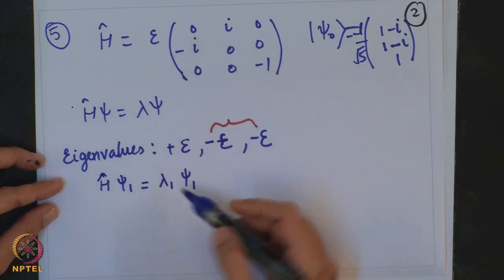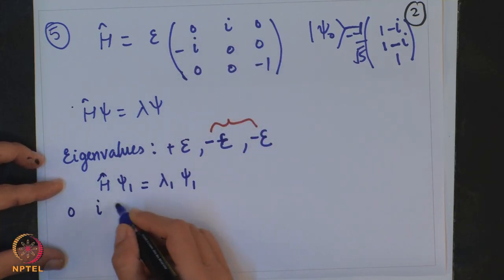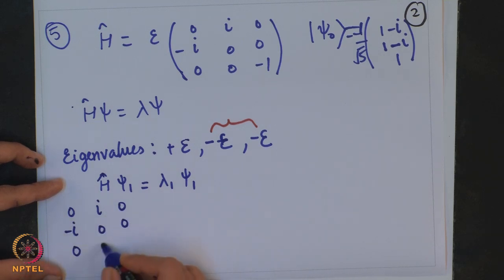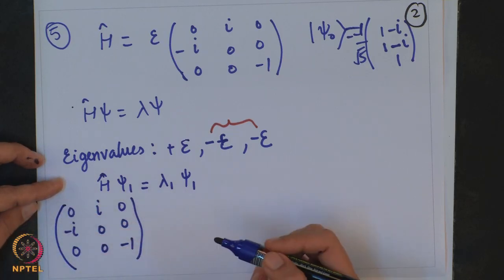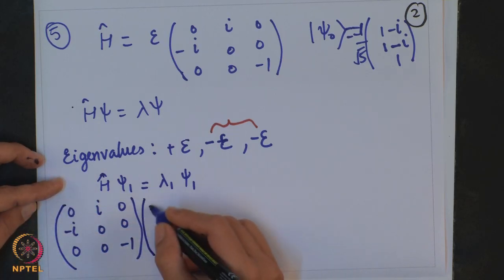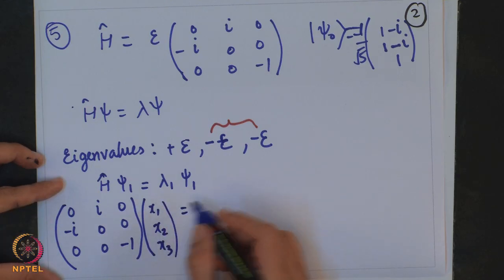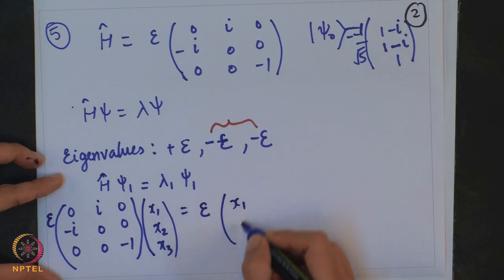Again you will calculate this. I will give you one example and the rest you can do by yourself. Again let me call psi 1 as x1, x2, x3, and I have an epsilon here and an epsilon here.